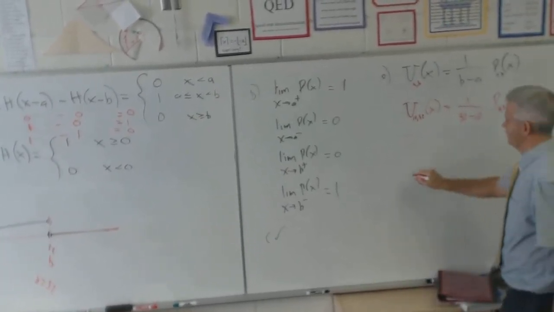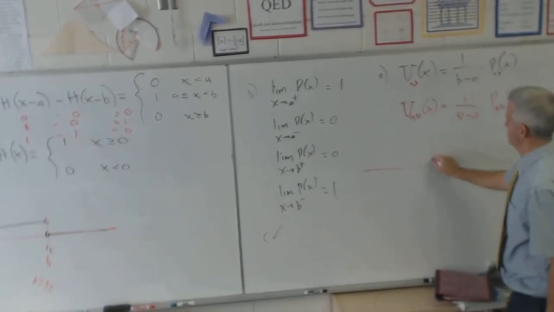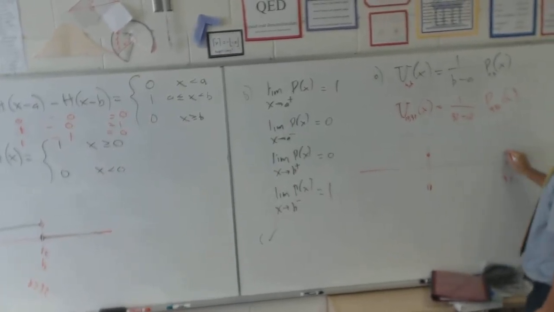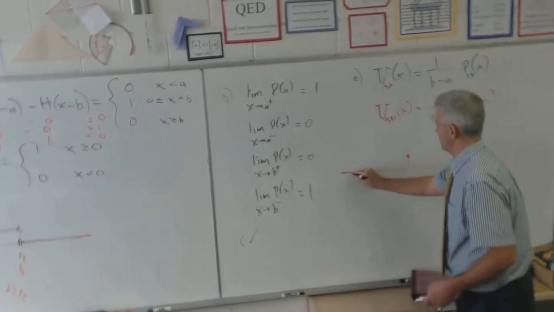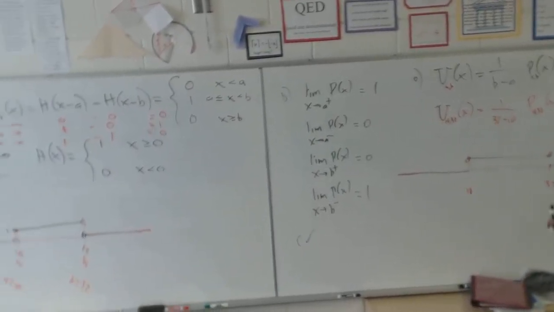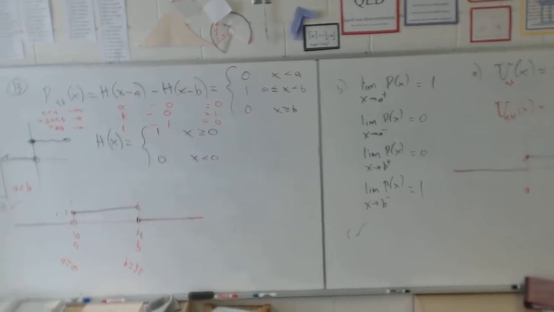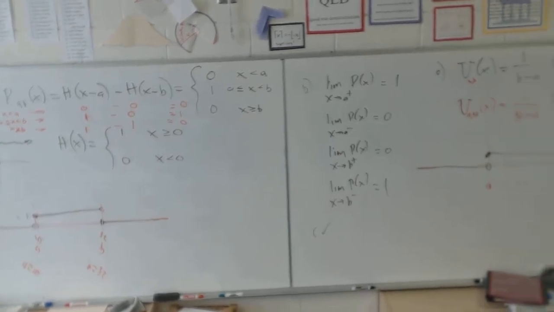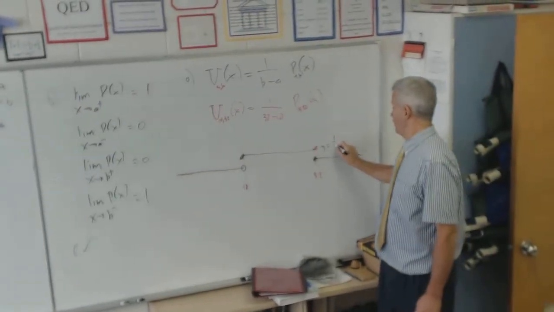It looks exactly like that function before. At 10 it jumps, and at 32 it jumps back. And so it looks like this, except for what? What's different between this and that? Jimmy? The y value. The y value isn't 1 here. The y value is 1 over 22.